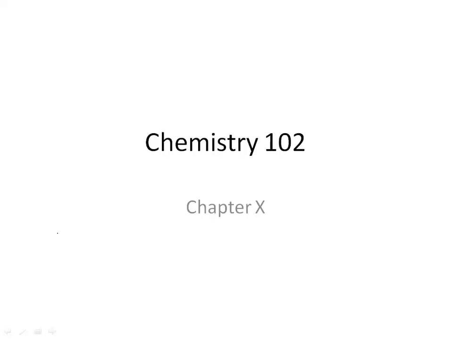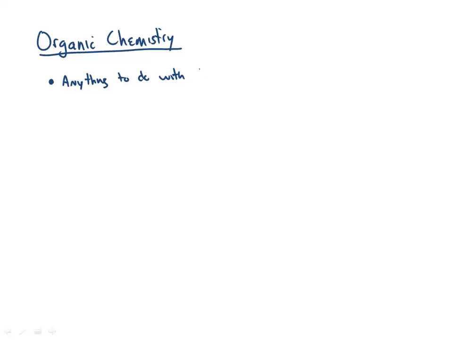Let's see. So what we're talking about is organic chemistry. And what we probably want to contrast it or compare it to a little bit is some of the chemistry we've done before. The first definitions of organic chemistry simply said that it was anything to do with living organisms.